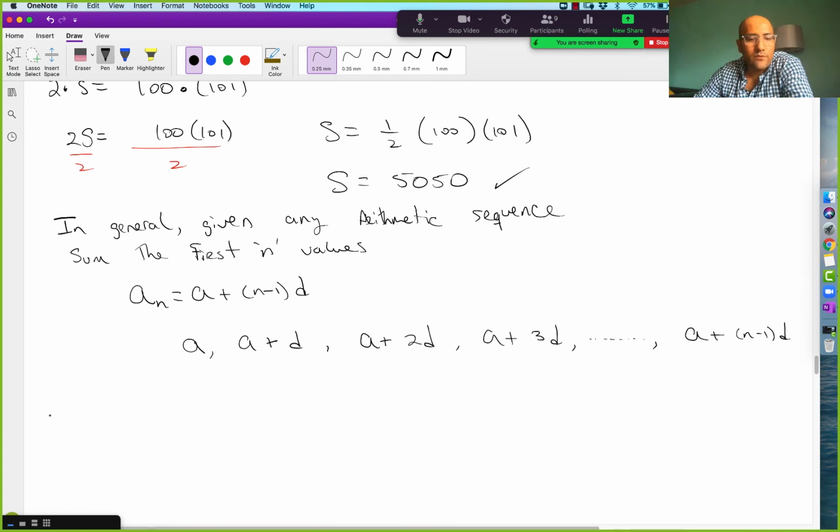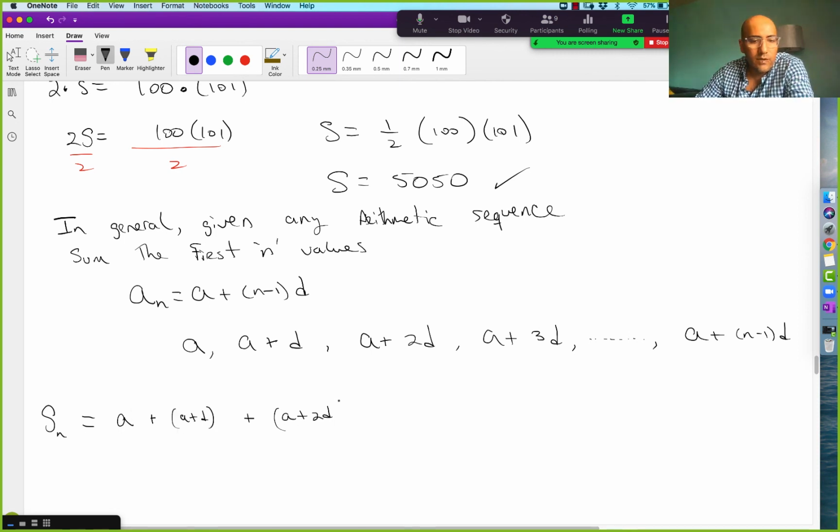Okay, so if I want to find the sum of the first n of them, I want to find that sum right there, all of those. Just like before, we want to apply this technique. Let's write them all down in this direction. So I want to do a, plus a plus d, plus a plus 2d, and let's put them in parentheses so that they look a little better.